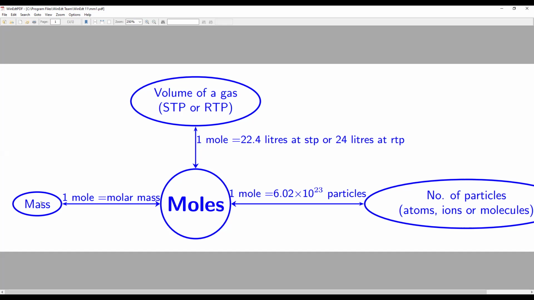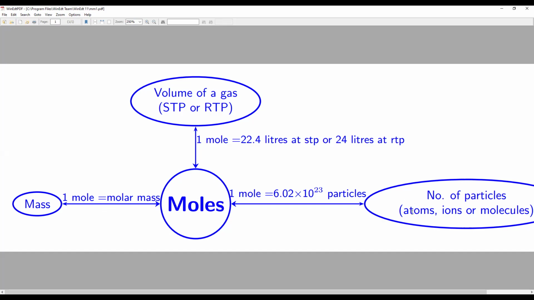So to convert from mass to moles and also from moles to mass, we use the concept of 1 mole is equal to molar mass. Let me hope you are seeing what is up here. Then also to convert from moles to number of particles.